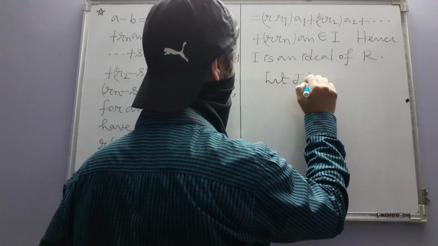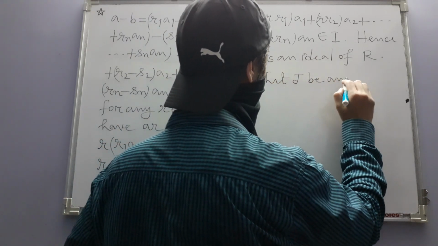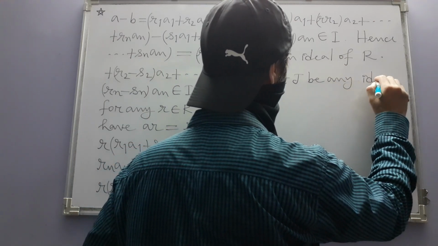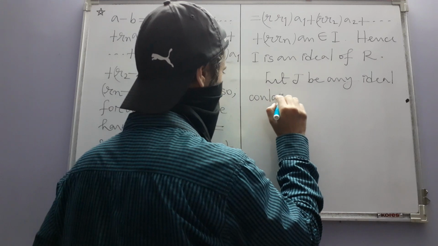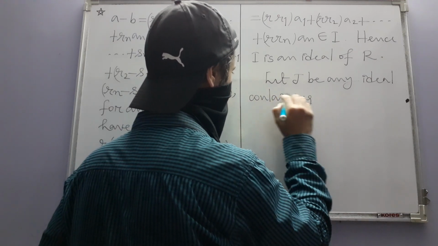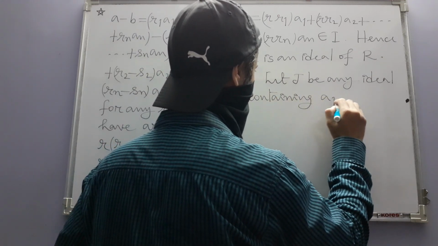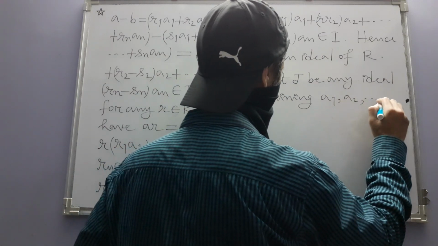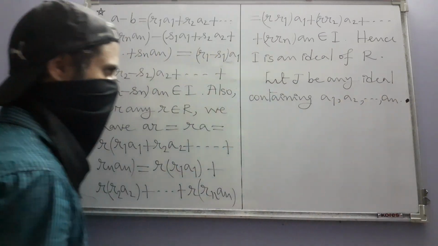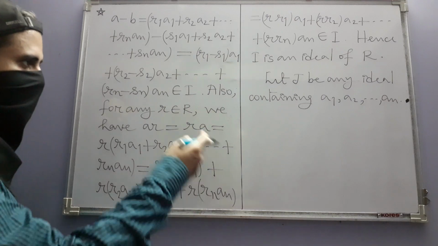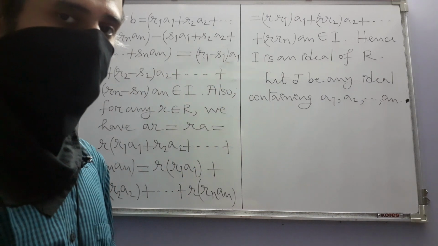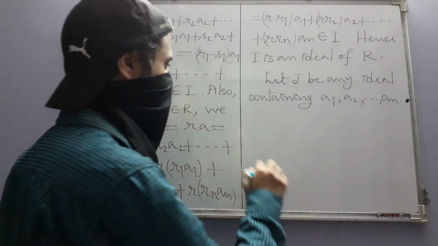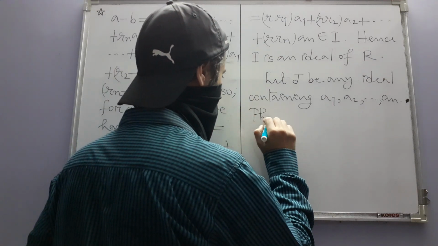Let J be any ideal containing these elements. Okay, so that means these are elements in J. Now, using the fact that J is an ideal, you will have this.